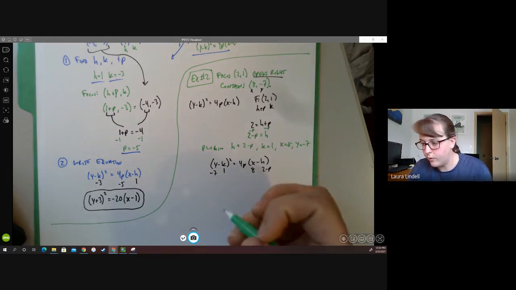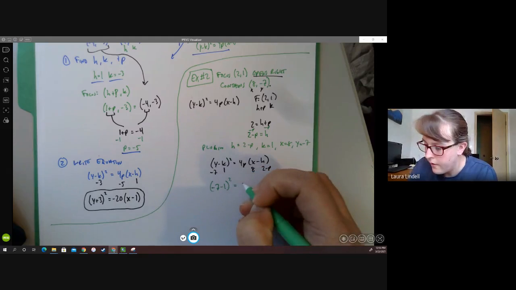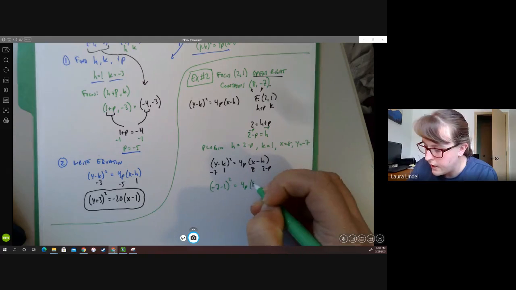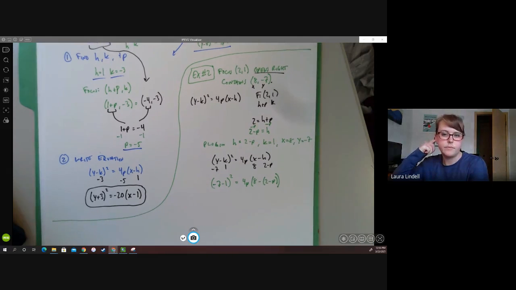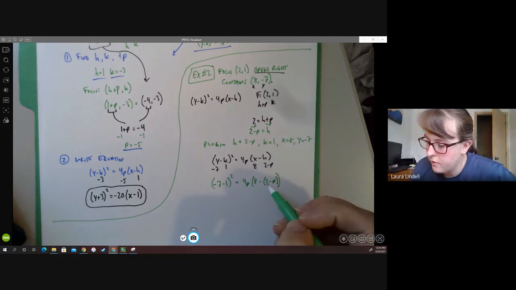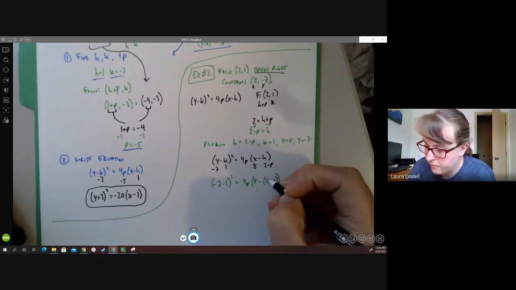So when I plug it in, we get -7 minus 1 squared equals 4p times 8 minus 2 minus p. The only thing you really need to be careful of here is when you have minus 2 minus p, we have to make sure we distribute the negative.